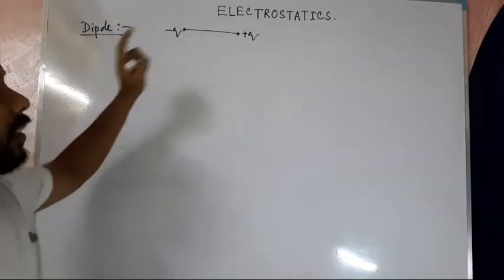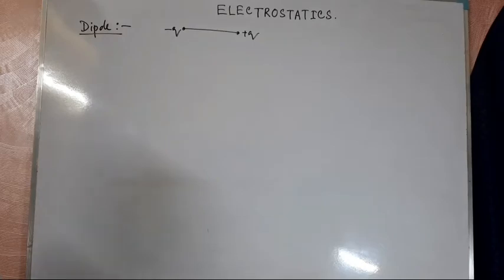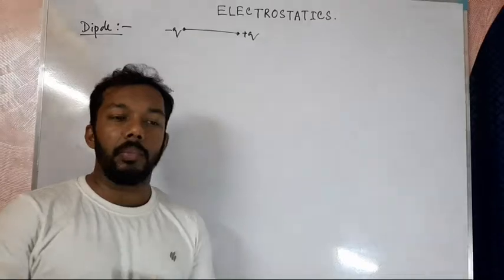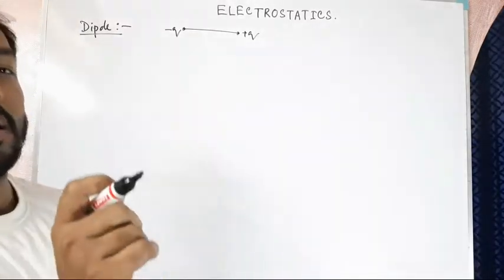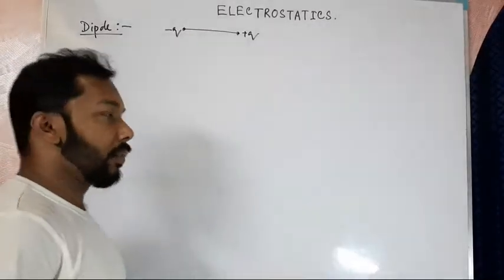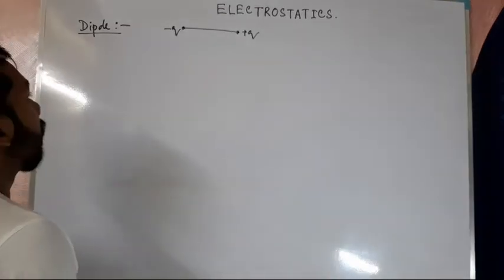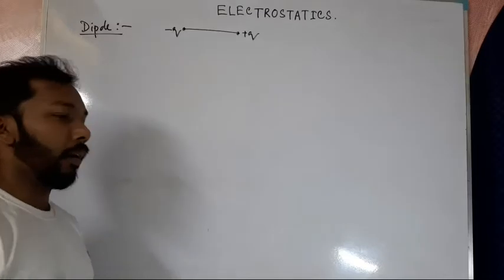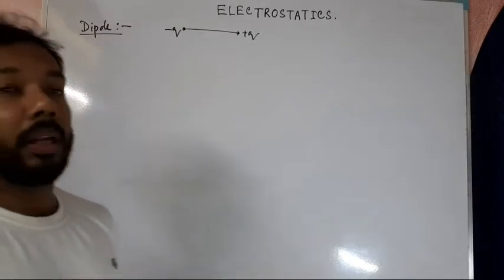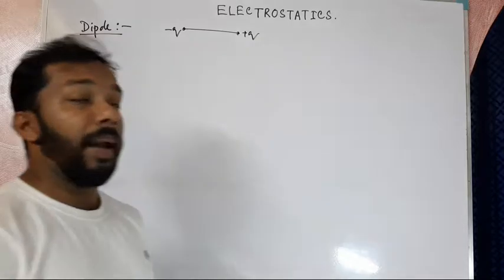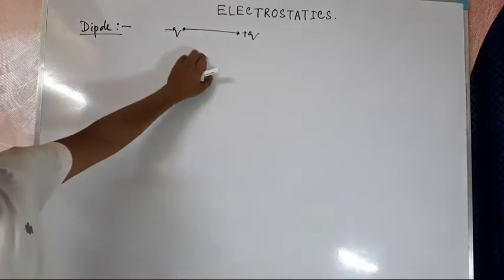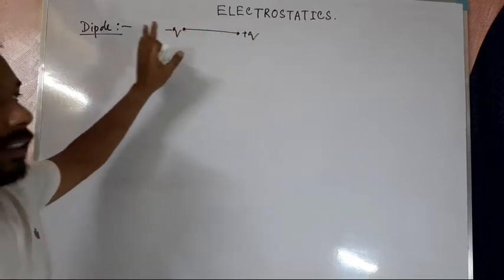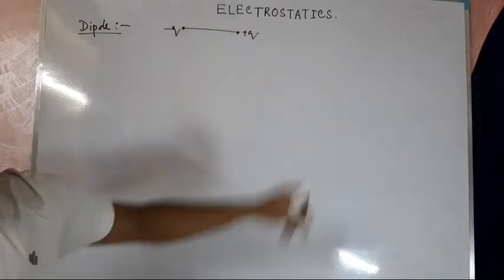We can see dipoles inside molecules, where equal and opposite charges are separated by a tiny distance; these are called molecular dipoles. We can see dipoles in a magnet also, north pole and south pole producing a magnetic dipole, but now it is an electric dipole. The electric dipole has two equal and opposite charges separated by a small distance.